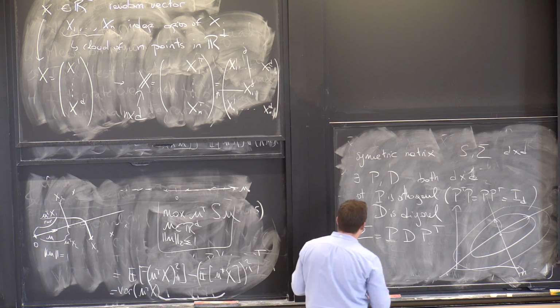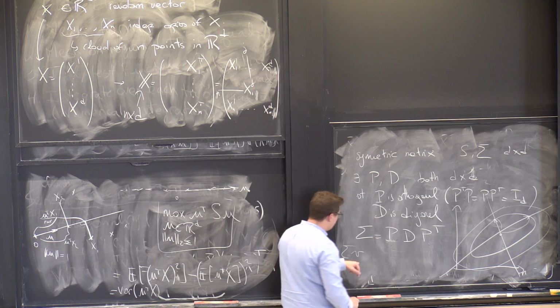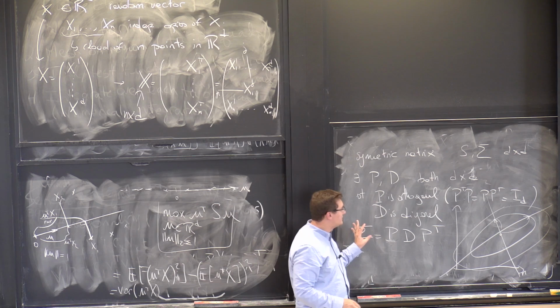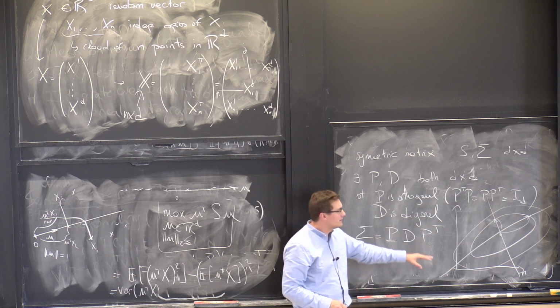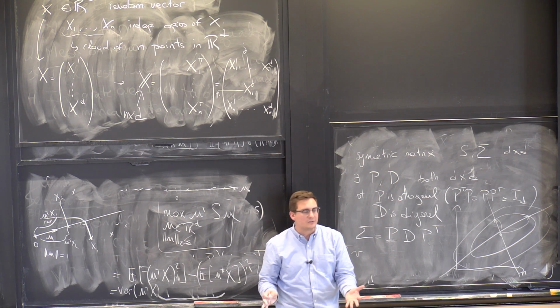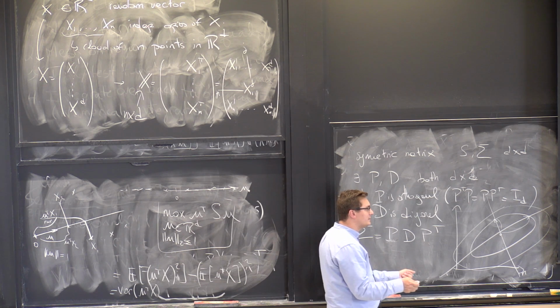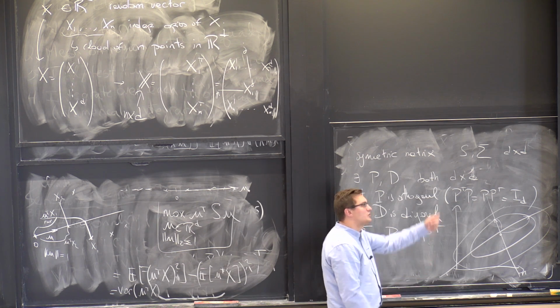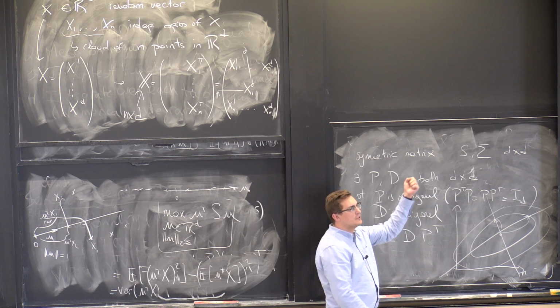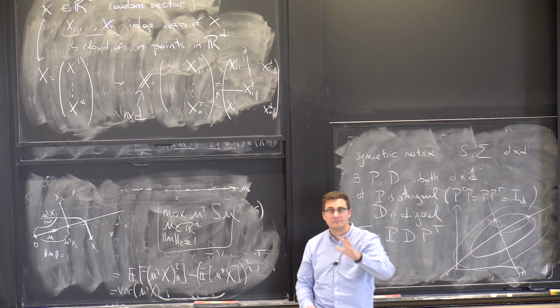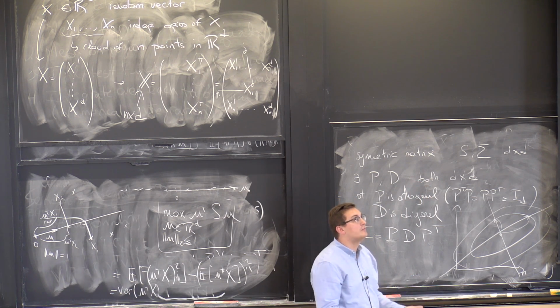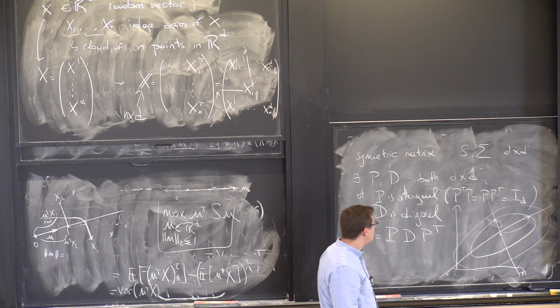If I take sigma times v, any sigma that's symmetric, what I'm really doing to v is changing its coordinate system, so I'm rotating it. Then I'm multiplying its coordinates, and then I'm rotating it back. That's all it's doing, and that's what all symmetric matrices do, which means that this is doing a lot.